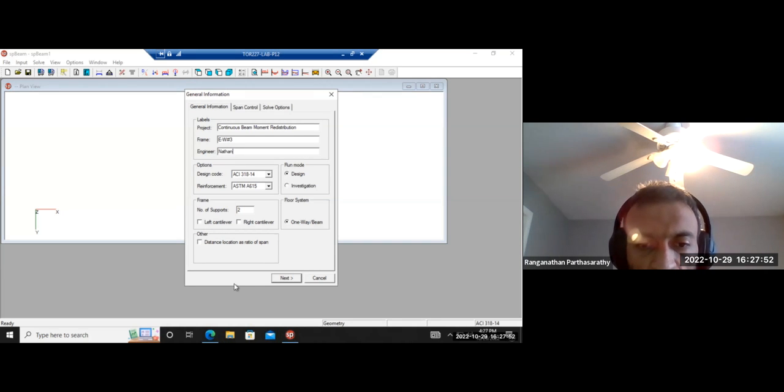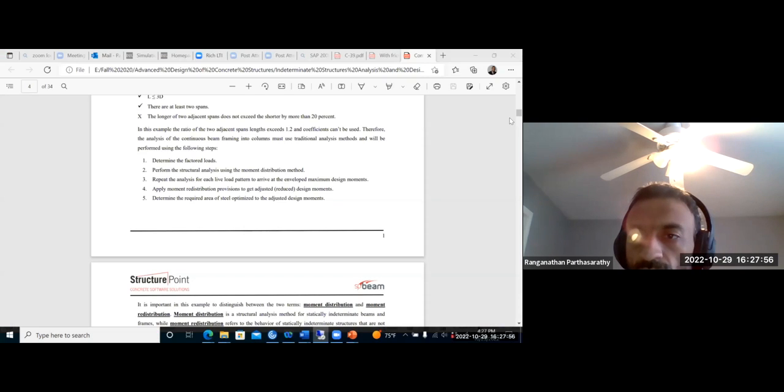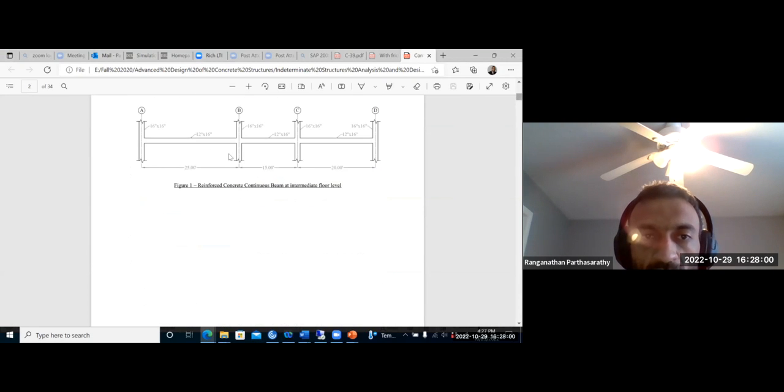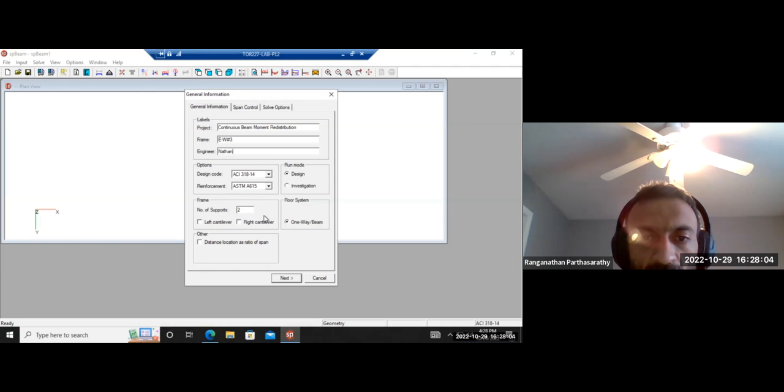Number of supports. Now we need to give our specific things. How many supports do we have? A, B, C, D, 4. So I'm going to give here 4. And no cantilevers. All of them are supports.